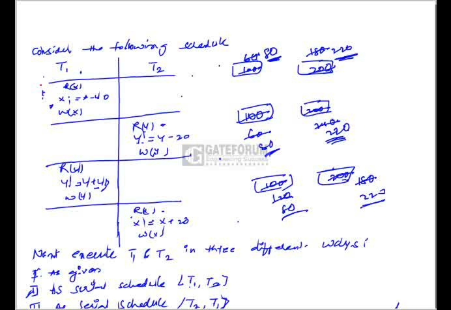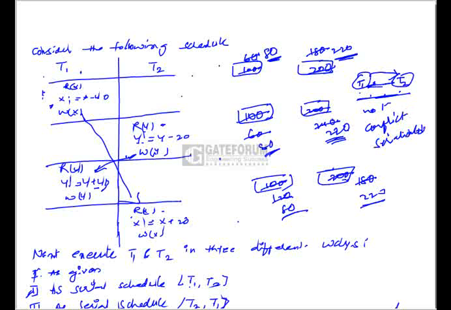Even if we draw the precedence graph with transactions T1 and T2, because of this write Y and read Y, there will be an edge from T2 to T1, and because of this write X and read X, there will be an edge from T1 to T2. So in this precedence graph there is a loop between T1 and T2. So the given schedule is not conflict serializable.